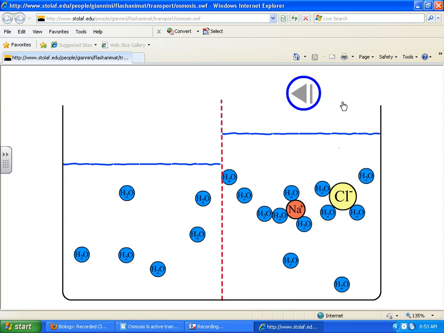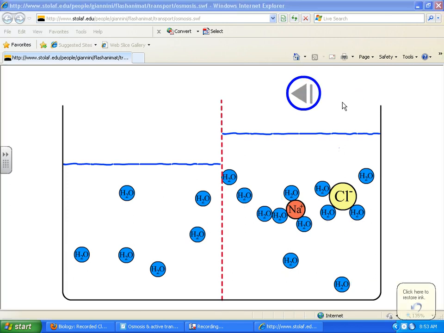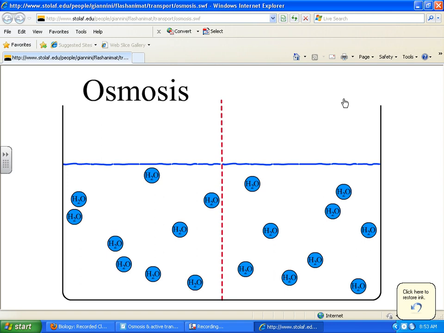Now let's add some salt. Okay, if you notice, when we added the salt, some water molecules stuck. Okay, water stuck to that salt. That's why it dissolved. When that happened, there was less water just freely floating around that wasn't attached. And what had to happen, if you notice, let me go back and play it again.